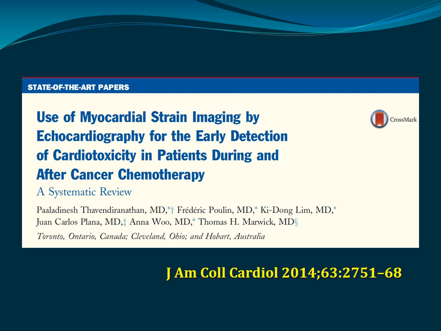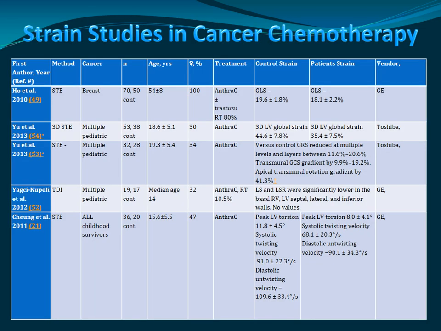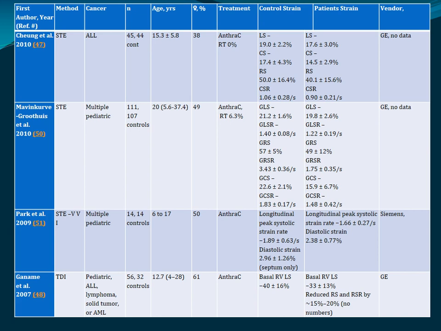If we look at the largest table in the manuscript, you can see that any parameter that is derived from this software has been tracked. Global longitudinal strain, rotation of the apex, difference between rotation of the base and the apex, what we call twist. We look at strain rate. All these parameters have been looked at, and probably the best one that has remained, the one that is the most robust, is the global longitudinal strain.